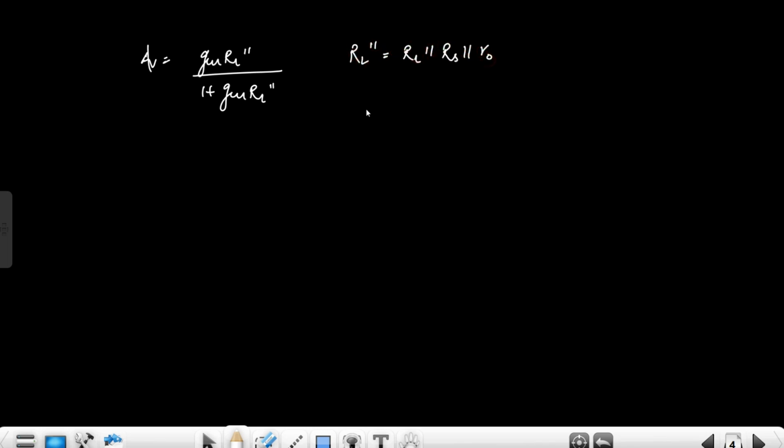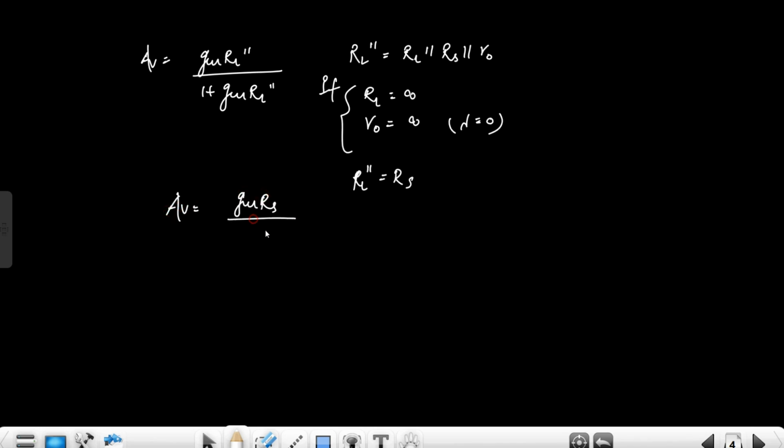If this RL is infinite and this R naught is infinite, which means lambda is equal to 0, then RL double dash will be simply equal to RS, right? In that case, AV is simply GM RS upon 1 plus GM RS. And if GM RS is much greater than 1, which is the case in most situations, the small signal voltage gain will be approximately 1, right?